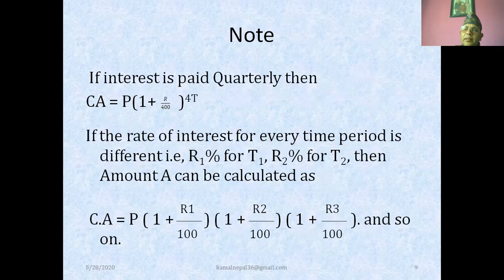If there are three rates, that is R1, R2, R3, you can use the formula: A is equal to P times (1 plus R1 by 100) times (1 plus R2 by 100) times (1 plus R3 by 100). For first year, this is principal, and you can use this formula. But for second year, this whole term is your principal. Like this way, you can extend your formula.